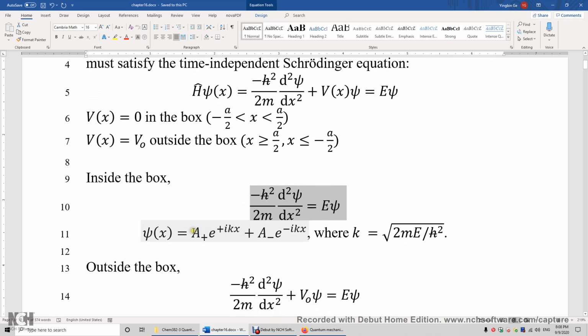The solution is a linear combination of e to the power of ikx and e to the power of negative ikx. k is equal to the square root of 2mE over h bar squared, and k times h bar is the magnitude of the momentum of the particle.